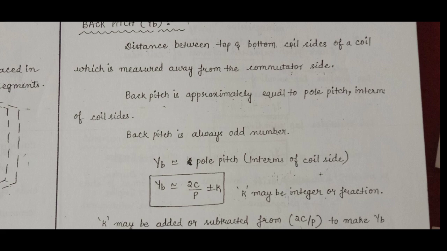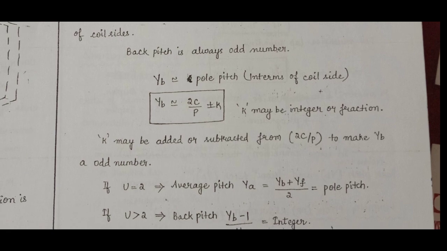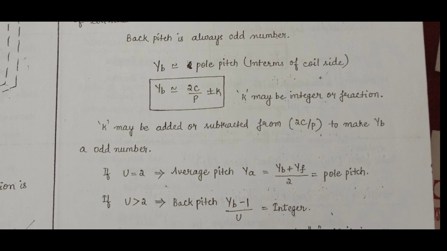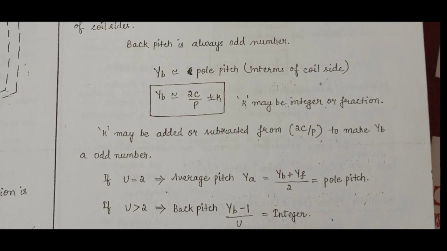So this is the formula: YB = 2C/P plus or minus K. YB is the back pitch, equal to the pole pitch in terms of coil sides. K may be added to or subtracted from 2C/P to make YB an odd number, because back pitch is always an odd number.